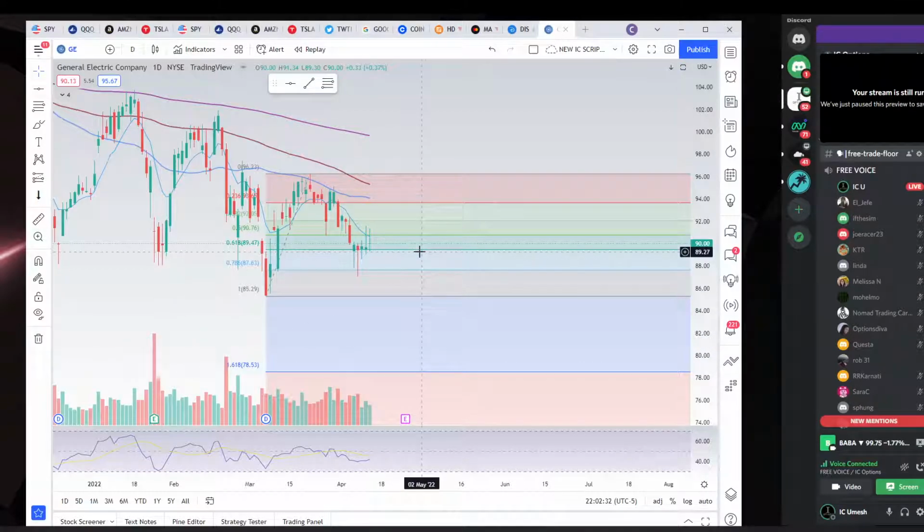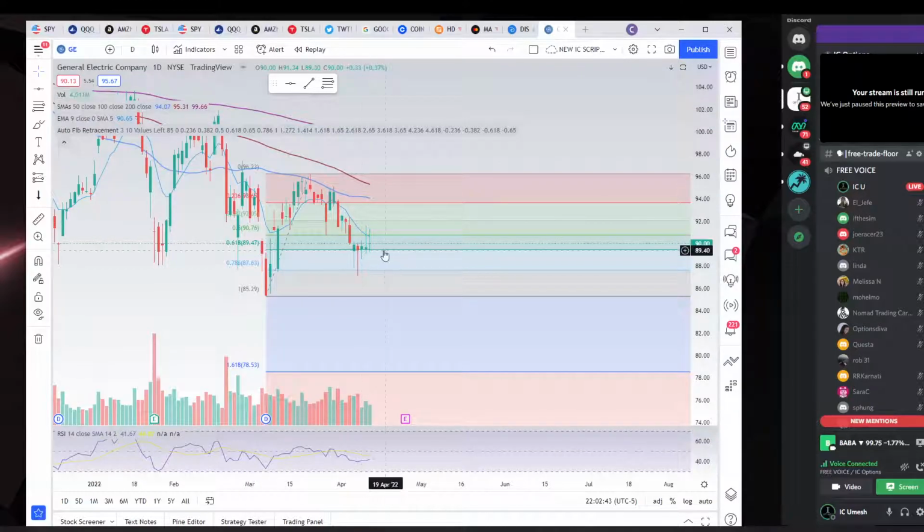I also don't like that the volume is decreasing on this one. Wait till this one gets above this 9 EMA. If you look at it, it's still rejecting. It cannot get above this one. So I would wait till it gets above it. It might catch up to it. So look at the 90.70 area. If it can get above that, you can go long on that GE.